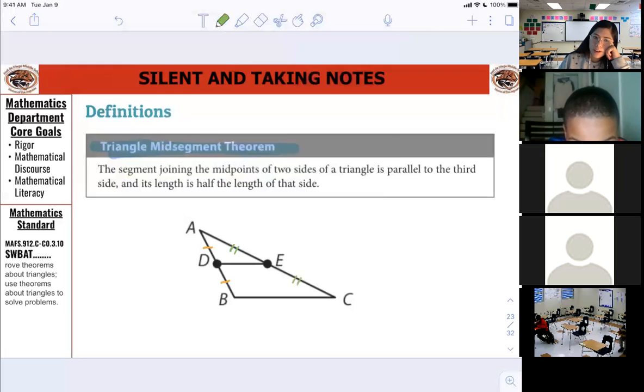What else can I mark up on my diagram? AE? Or wait. Are there any key words in the midsegment theorem?